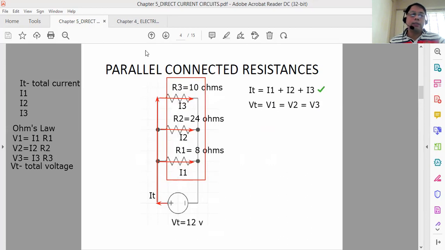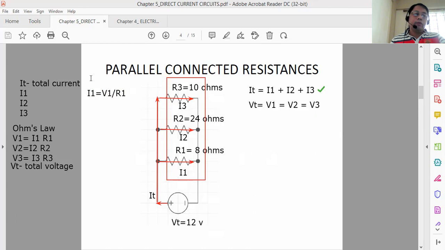Now for I sub 1, you'll notice that we divide the voltage V1 by the resistance. So Ohm's law tells you to get current 1, you can divide V1 and R1 together. Now the same is true when you have to get the total current.